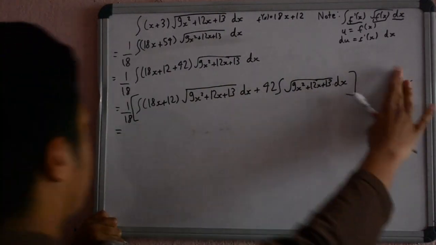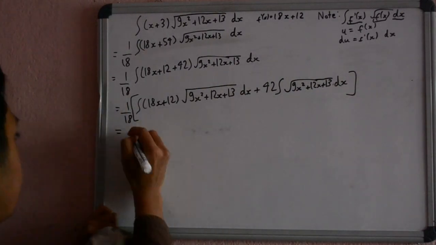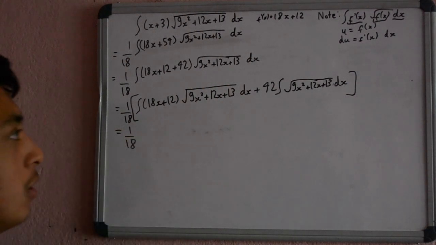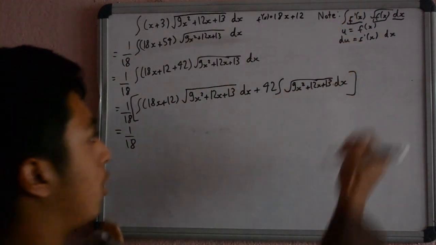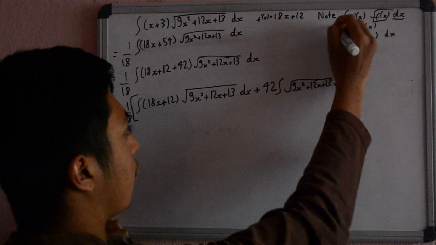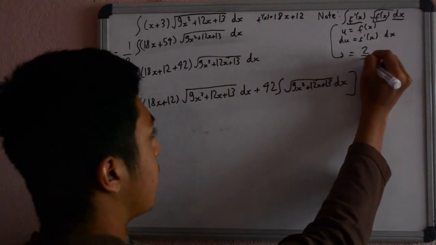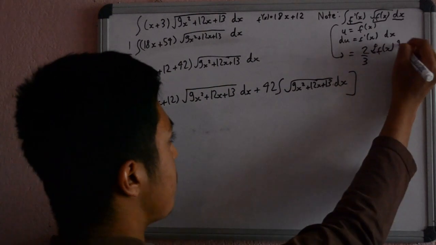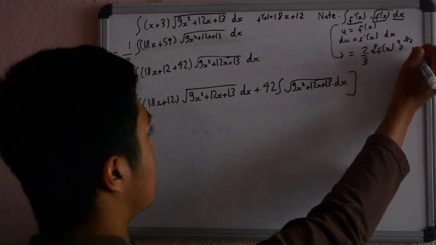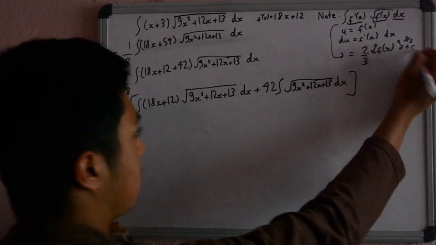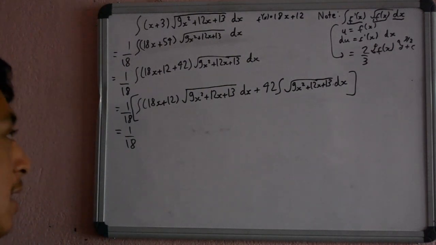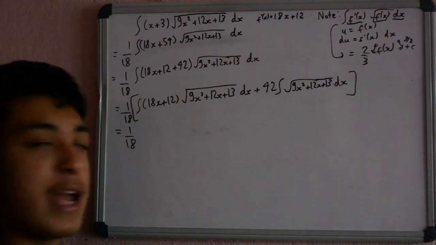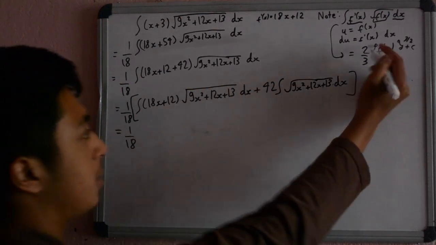Now, from this, as I wrote earlier, the simple answer of this will be equal to 2/3 times the function to the power 3/2 plus c, but let's just say plus c. So just focusing on the primary answer of this integral, it's this part over here.